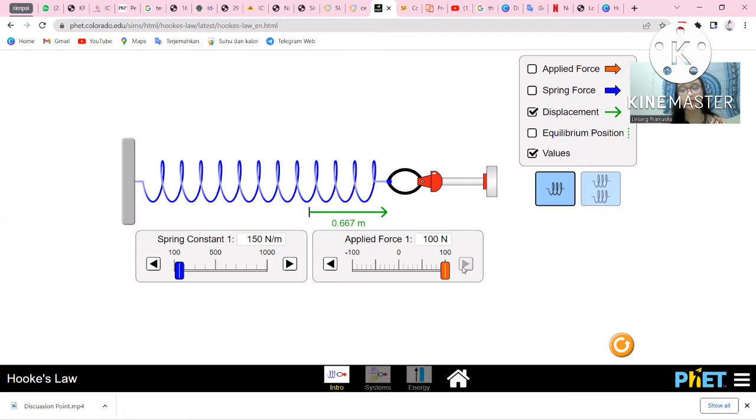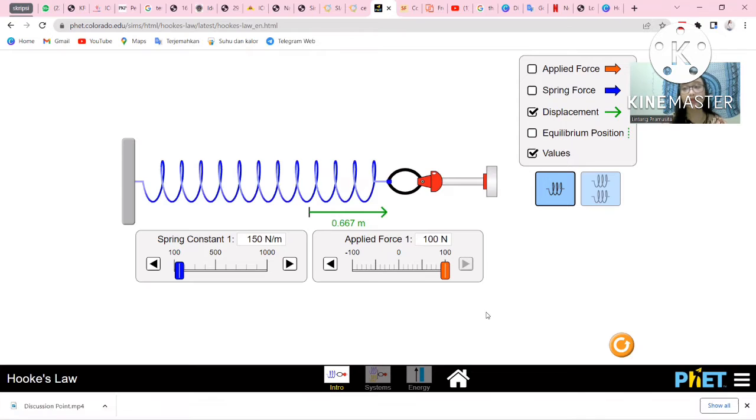So, based on this experiment, we can see that the greater the force, the greater the displacement value of the spring too.